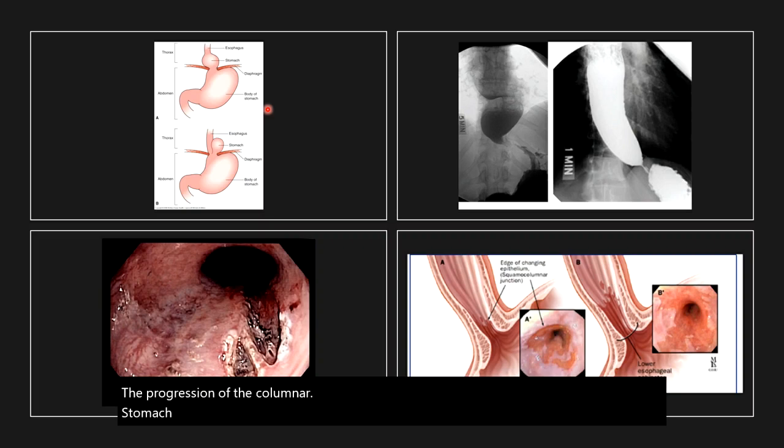So here we have two pictures of X-ray done with barium contrast, where we see that the sphincter has a lack of relaxation. It's contracted, does not relax, and will also cause dilatation of the proximal portion of the esophagus and dysphagia.